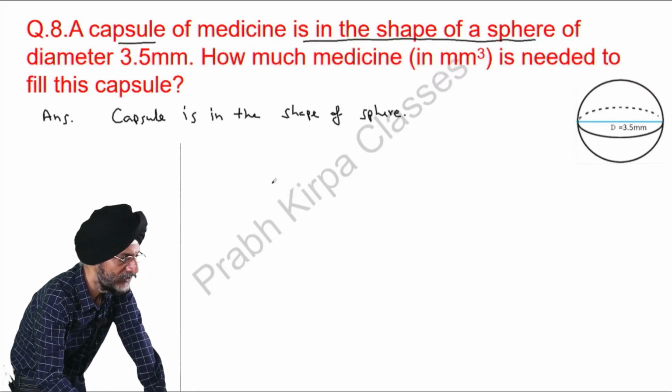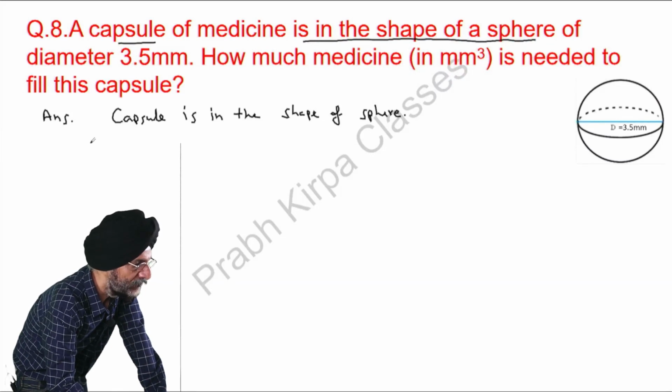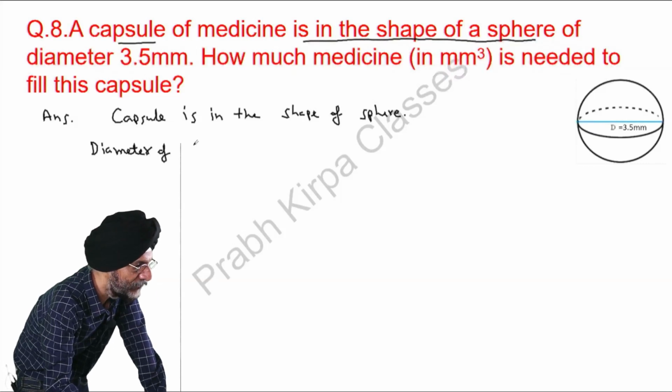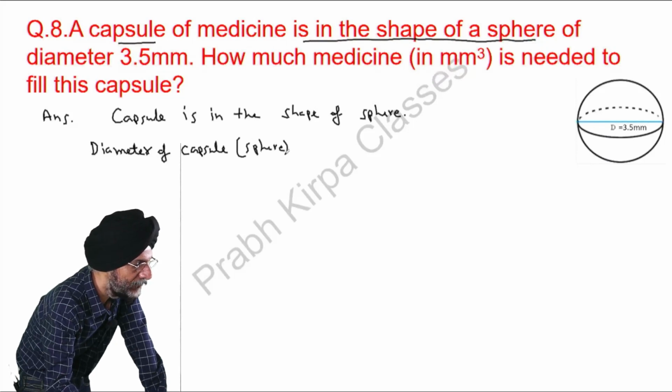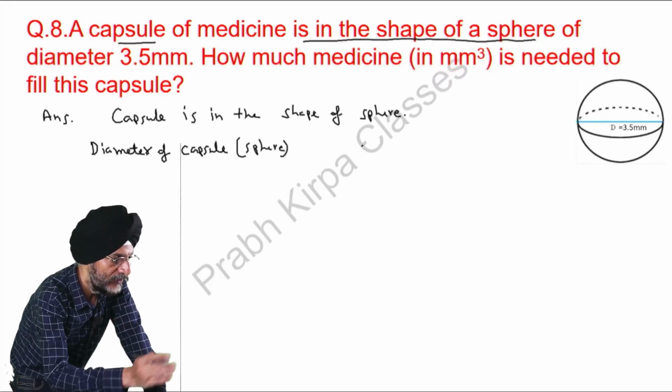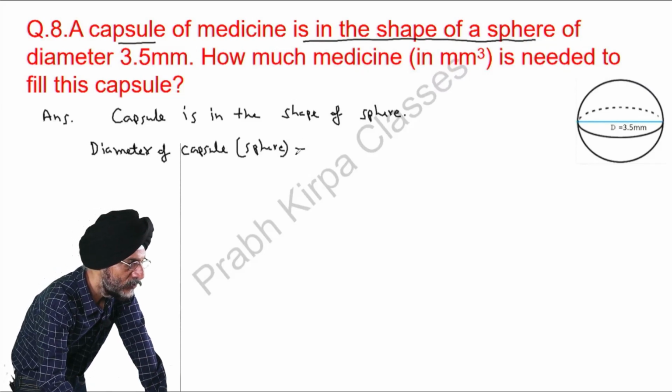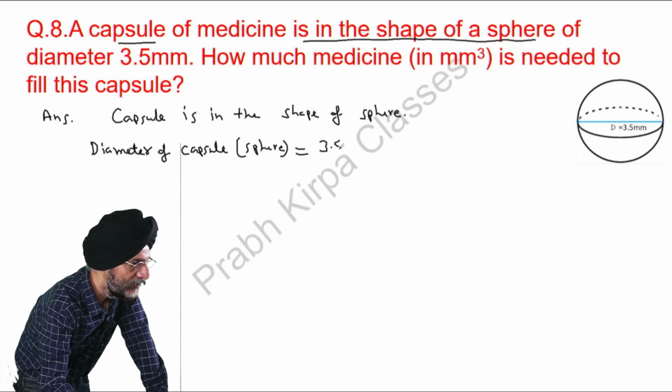What has been given to us is diameter. Because capsule is in the shape of sphere, the diameter of capsule or sphere is 3.5 millimeter.